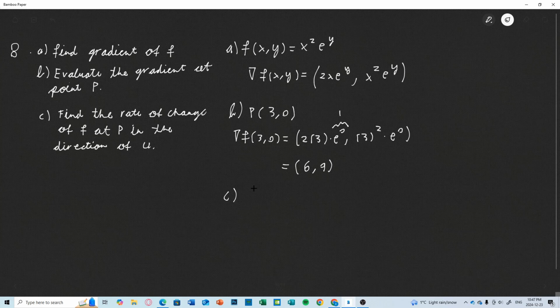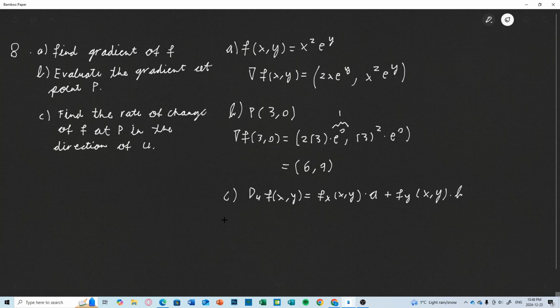And then finally for part C, to find the rate of change of f at P in the direction of u, what we need to do is use the formula where we have the directional derivative of u and f of x, y equal to the partial of x of x and y multiplied by a plus the partial of y of x and y multiplied by b.